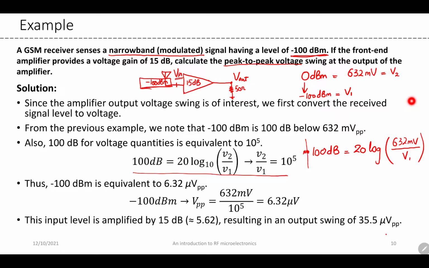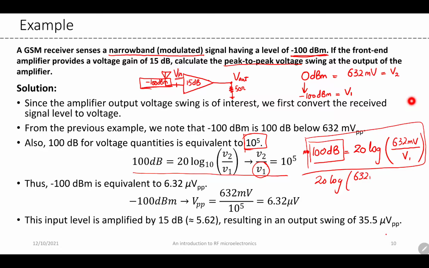So that's exactly what we've written down. V2 by V1 would be 100 dBs. So when you write this and then you try to calculate V1 and you convert this 100 dB, this 100 dB would be 10 to the power 5 in absolute terms. So you have 20 log of 632 millivolts by V1 is 10 to the power 5.